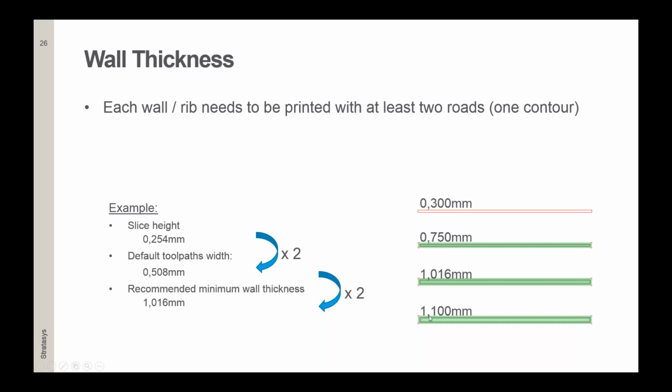If you design the walls thicker than the default toolpath width allows, it might give you such a small gap in between, and your walls may be quite weak by having a gap inside. Okay, understood. So it's important to also check the wall thickness. Yes, that's correct. Thank you.